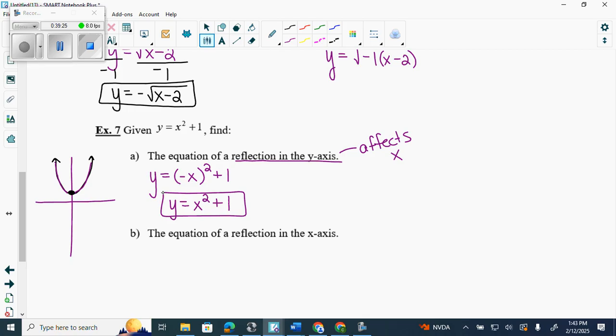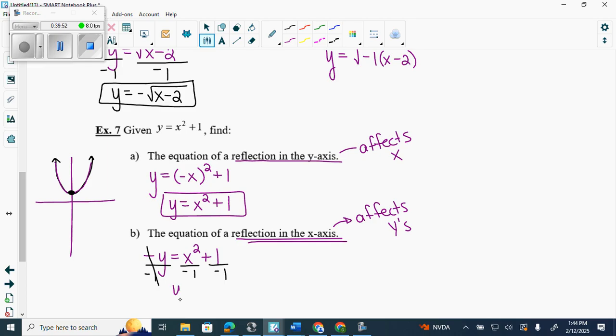And then a reflection in the x-axis affects the y's. So I'm going to get -y equals x squared plus 1. And I'm going to divide by -1 every term. So if there's more than one term on the right side, you divide every term by it.